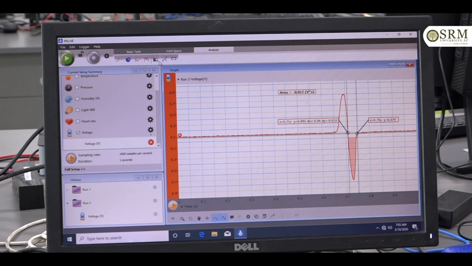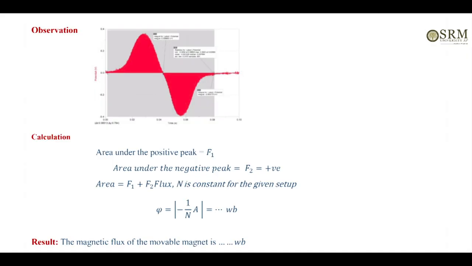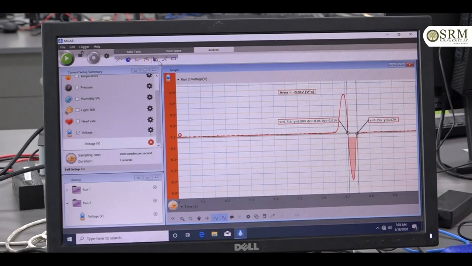We got the area. So, we will substitute those two areas in our formula: magnetic flux phi is equal to modulus of minus 1 by N, N is equal to 1150 and area is equal to F1 plus F2. We will substitute those values in our formula, then we get magnetic flux phi is equal to some value in Webers.